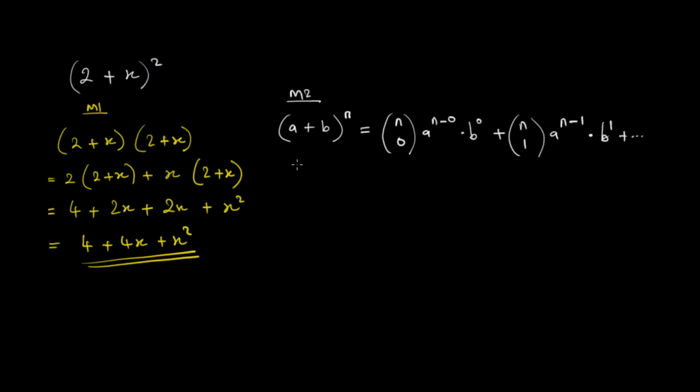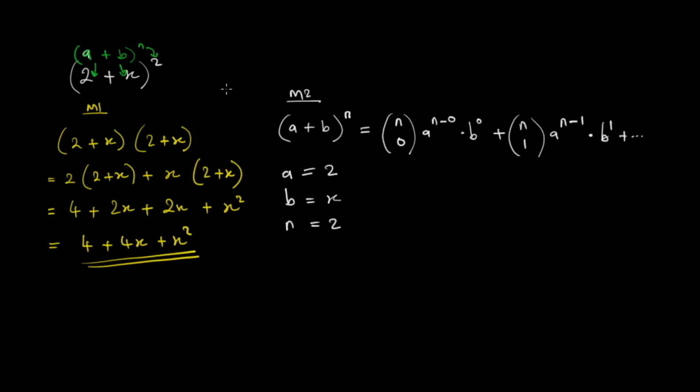Then if we look at (2 + x) squared, we see that a is equal to 2. We just take it as it appears. b is equal to x and n is equal to 2. We have just juxtaposed here with (a + b)^n. So 2 is a, then b is x and n is 2.